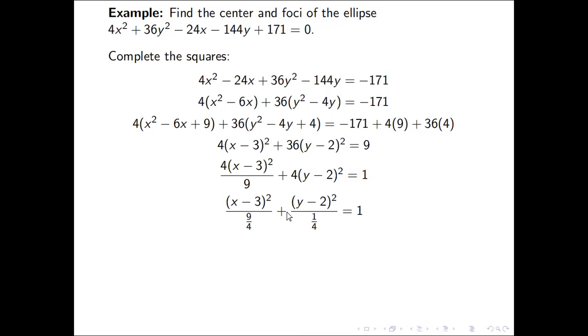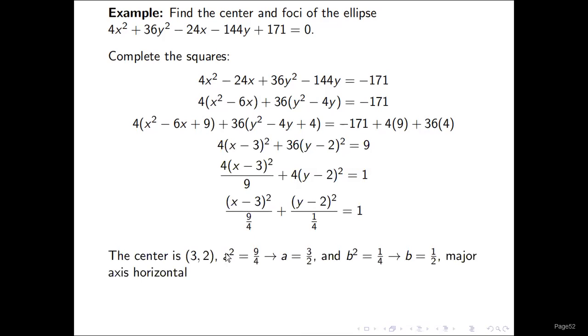And note that if we write it in this form, we would be able to identify the center as well as give the values of A and B. So that we would have, okay, the center at 3, 2, equate these two factors to 0, we get the center 3, 2. And then to get A and B, we first determine which is the greater value.